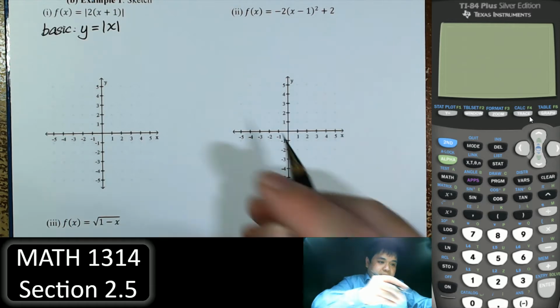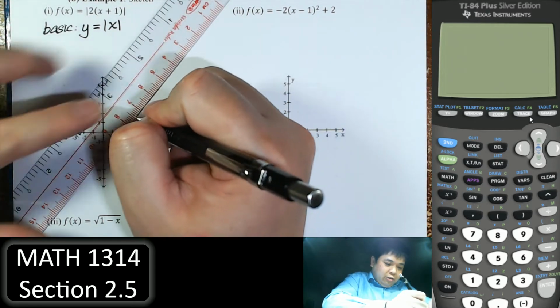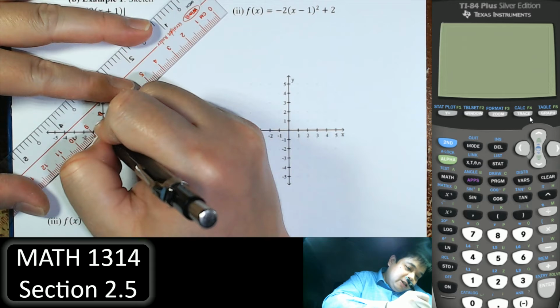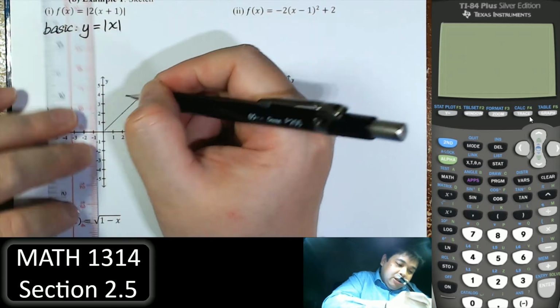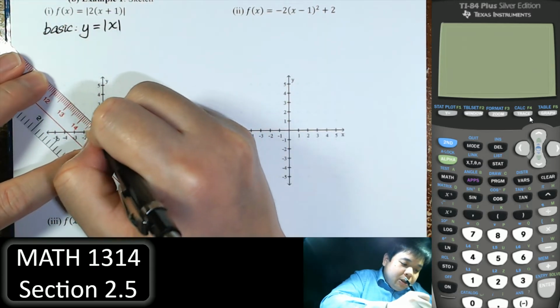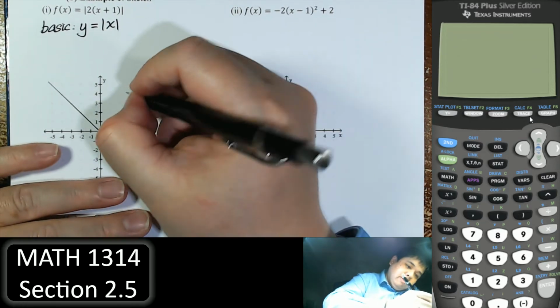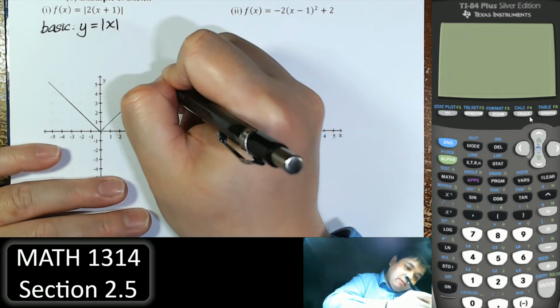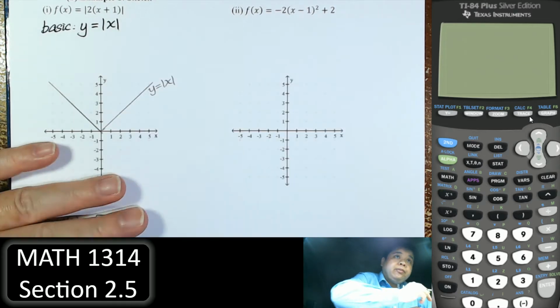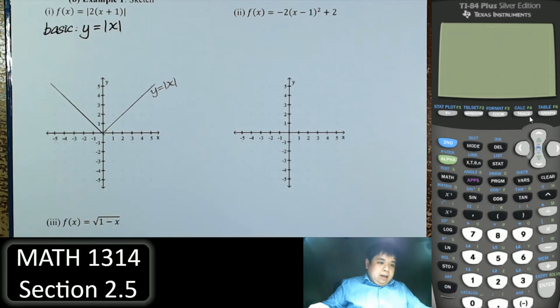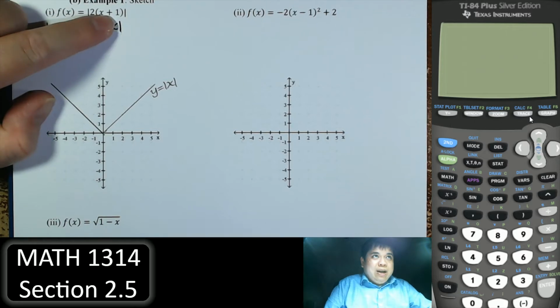So that is a V. And then we have a multiply by 2, and then we have the plus 1.